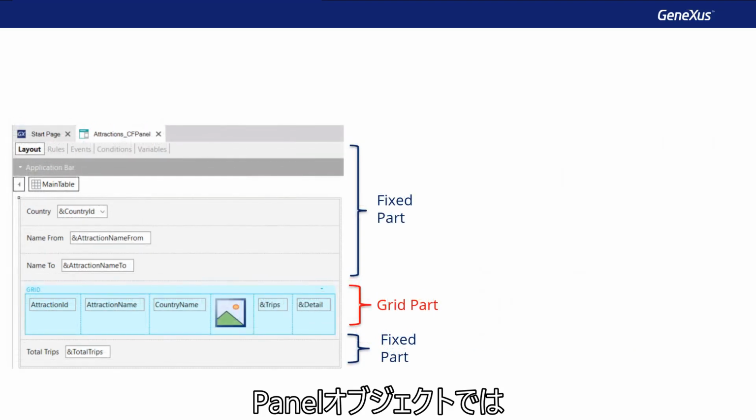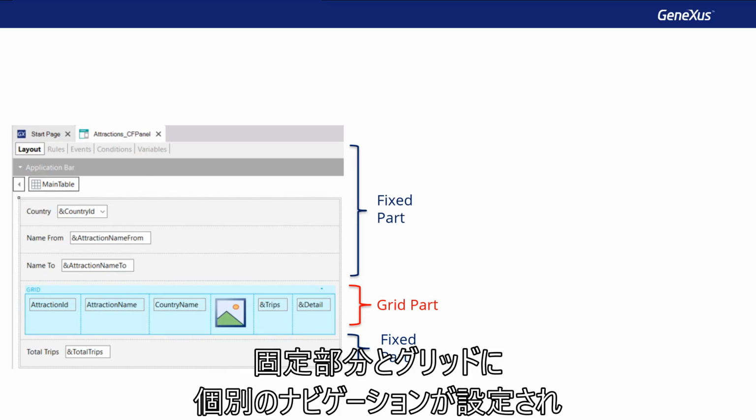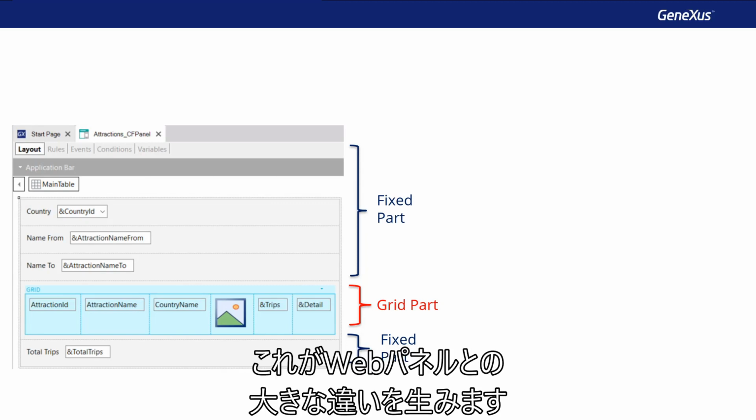In a panel object, the fixed part and the grid determine independent navigations, and each part will have its base table, as if there were 2 parallel for each commands. This creates an important difference with web panels.